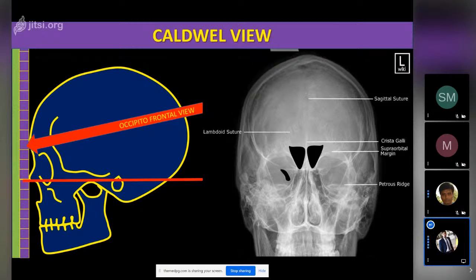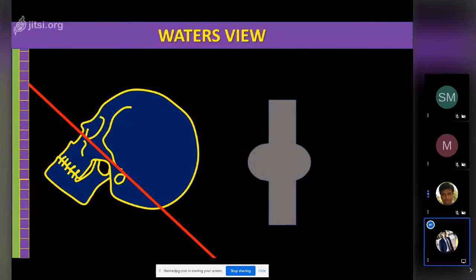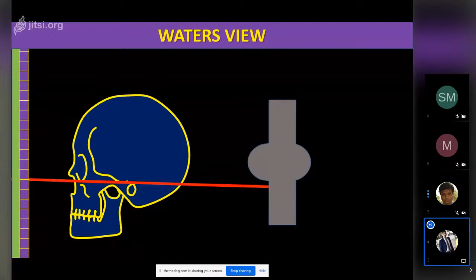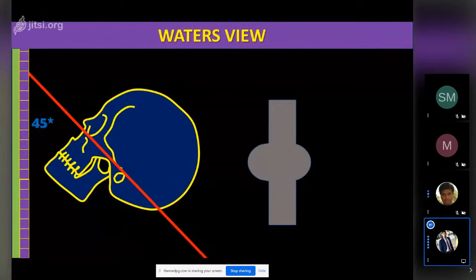Similarly, if I give one more PA view, but here the patient's head is extended, such that the orbitomeatal line forms a 45-degree angle with the image receptor. So we keep the patient's head with the orbitomeatal line 40 or 45 degrees upwards, making an angle with the image receptor, and send the beam from posteriorly. Now, this is called a Waters view.